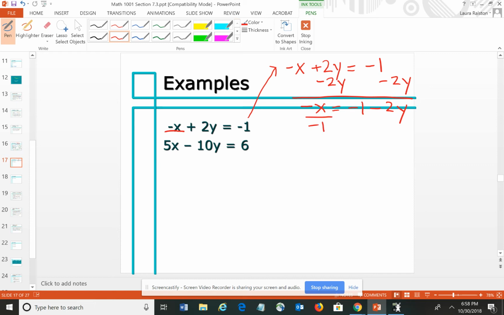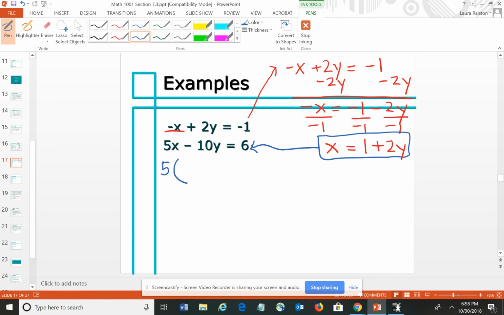Then I have to divide through by -1. That gives me x equals 1 plus 2y. A negative and a negative make a positive. Then we take that equation, x equals 1 plus 2y, and we substitute it into the second equation in place of x.